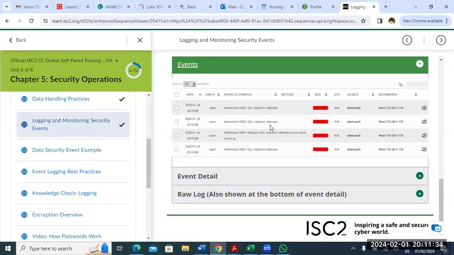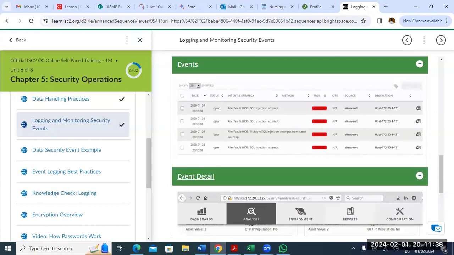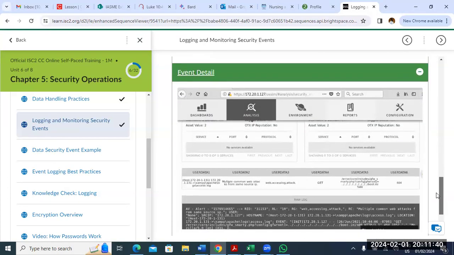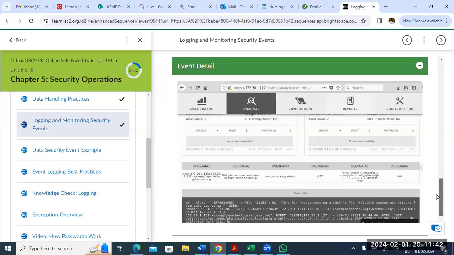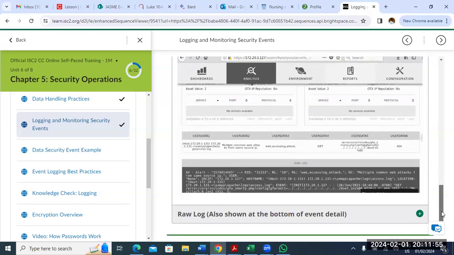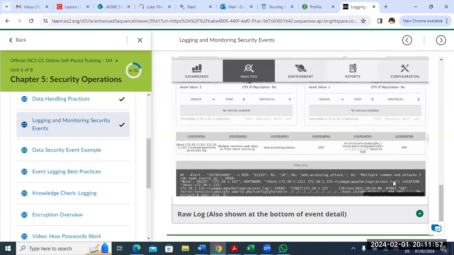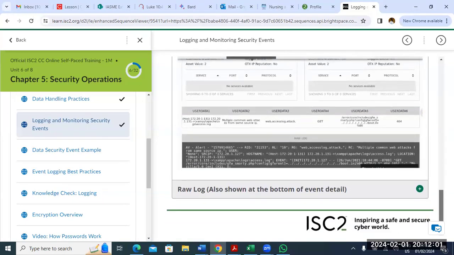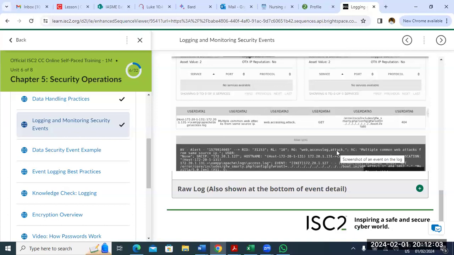These are the events that we can see here. Then this is another one, trying to analyze the events. This is a service, the protocol. There's no service here, but you can see one or two pieces of information about the host. You can see multiple common web attacks. So this is information that actually gives visibility.